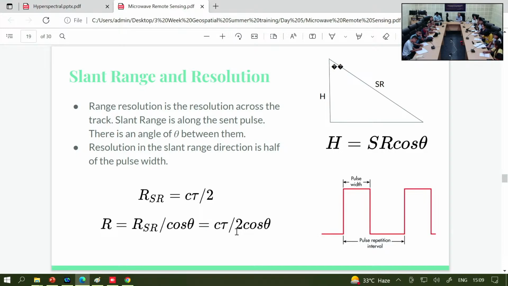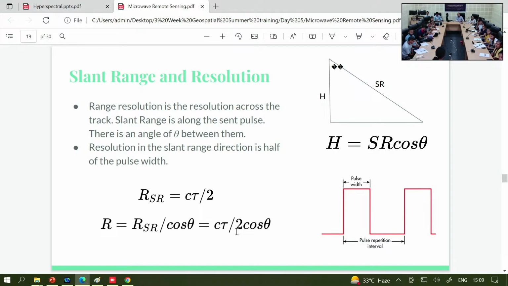So along the slant range, the resolution, remember we have learnt resolution in optical, reflectance-based remote sensing. You all were telling that 10 meter is better than 100 meter per pixel resolution.